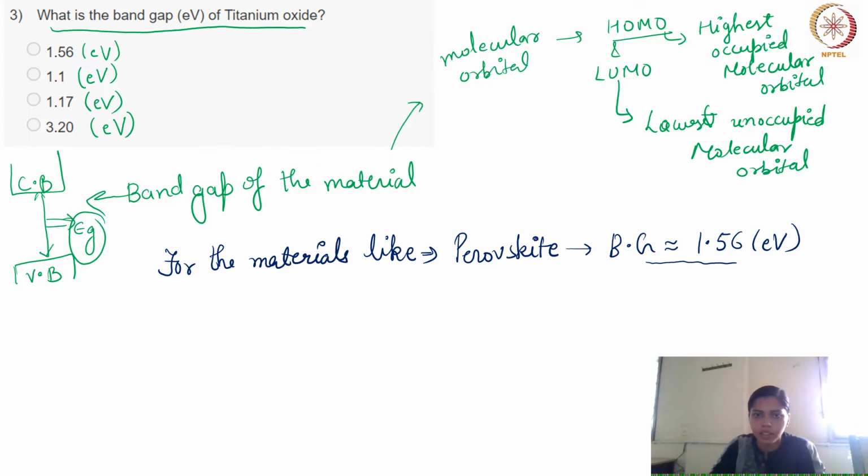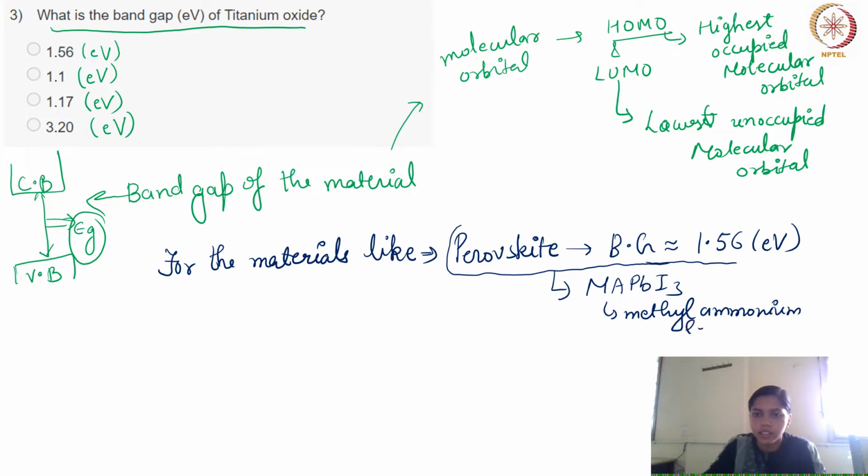But I am asking which perovskite has a band gap of approximately 1.5 or 1.6 electron volt. Yes, Manu Prada has said the right answer: MAPbI3, which is methyl ammonium lead iodide. This material has a band gap in this range.